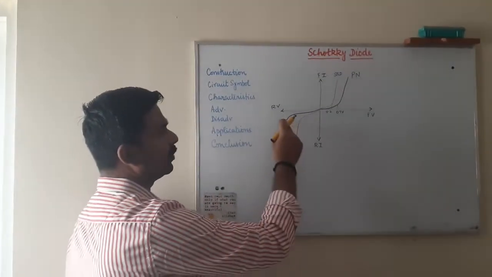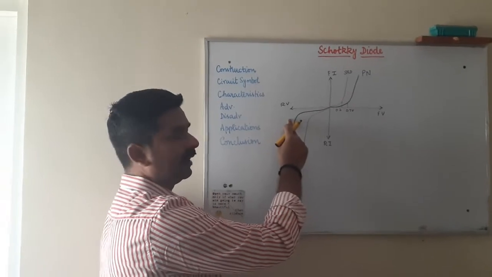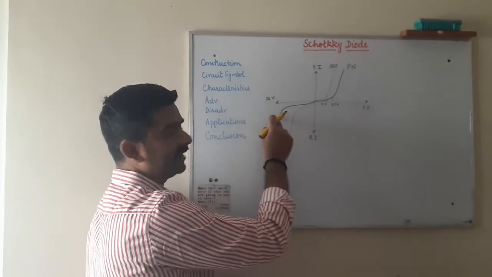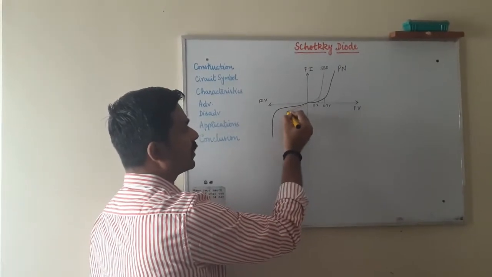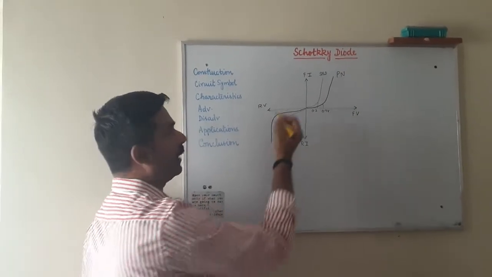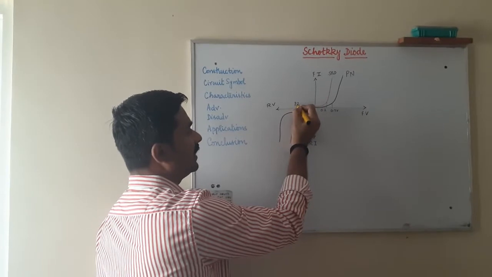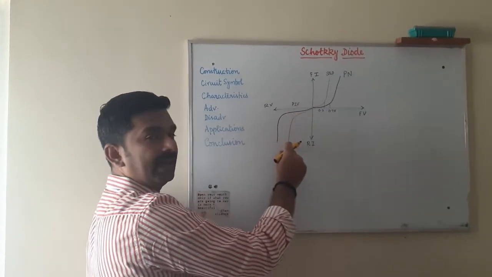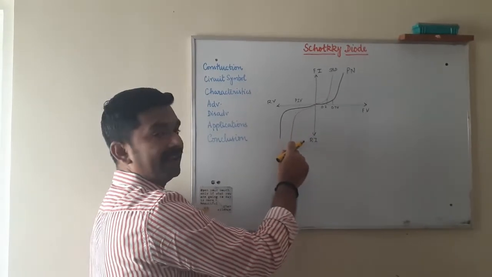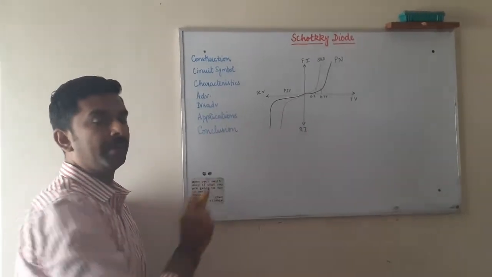Okay, right, when you compare the reverse bias characteristics, the peak inverse voltage or rather the voltage at which the breakdown happens, is far lesser in a Schottky barrier diode when you compare it with the PN junction diode.